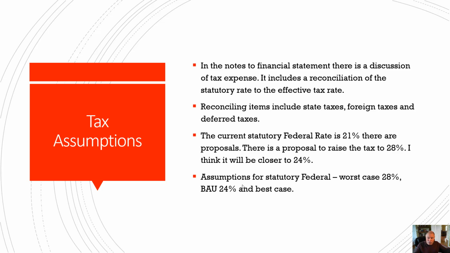I think it'll be closer to 24. So you have to make assumptions about what that statutory federal rate is. You can leave the others the same and just modify that. Worst case, it goes to 28%. BAU, I think 24. Best case, it stays the same, 21%. So that takes care of this general piece here.